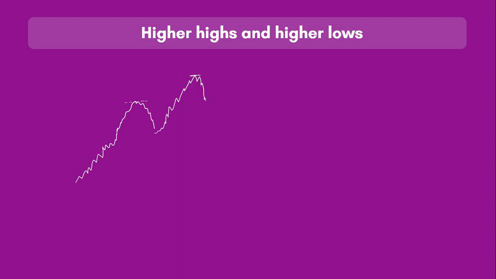And then it comes down to almost the same level as the previous time, or rather takes support here, and then goes up again to create another top which is almost the same height as the first top. So this is called a head and shoulders pattern. The first top is our shoulder one.